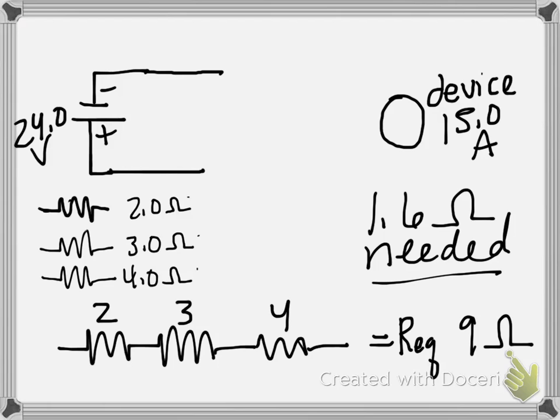Our first thought might be to wire them all in series. If we put the 2, the 3, and the 4 ohm resistors in series, we get an equivalent resistance of 9 ohms. That's way too high. The device in question won't get nearly enough current to operate.